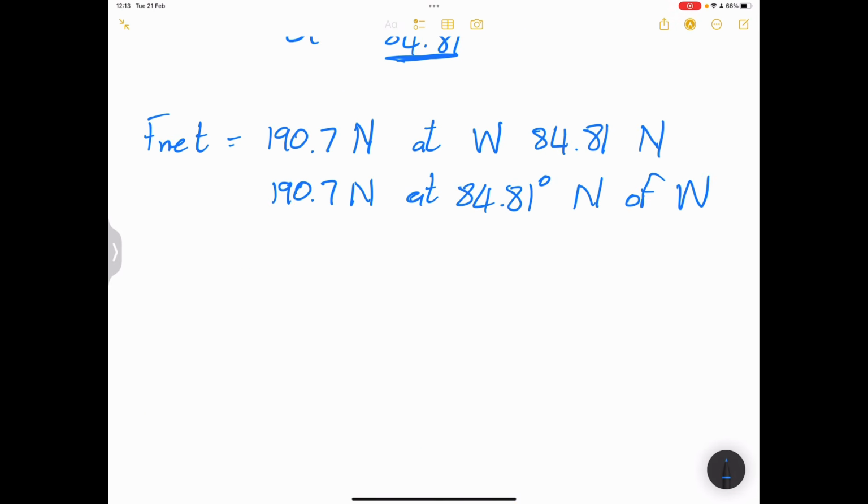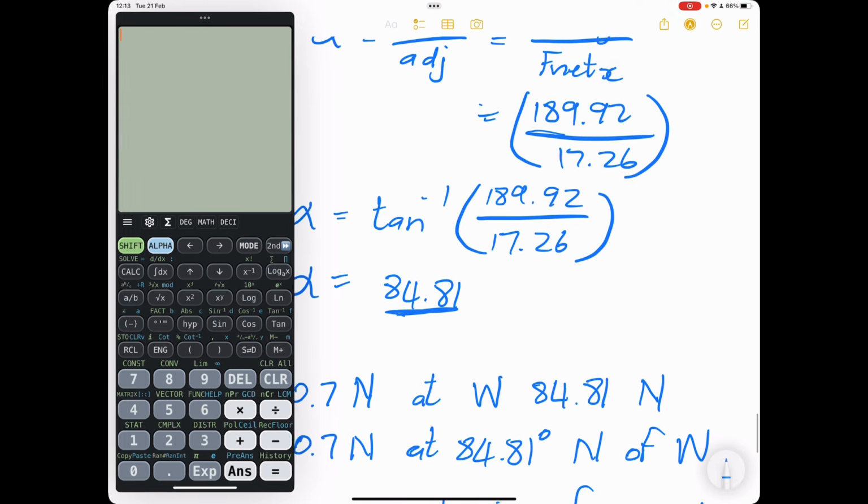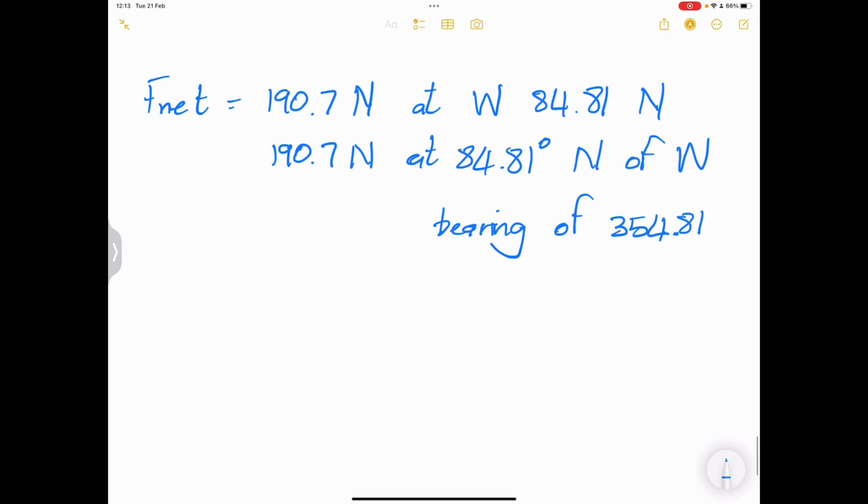So if you wanted to use bearing, you can say at a bearing of 270 plus 84.81, so that would be 354.81. Okay, right. So ladies and gents, I hope you have an appreciation for this.